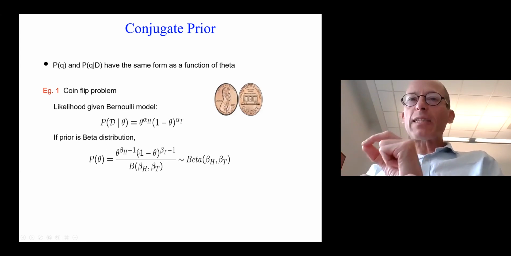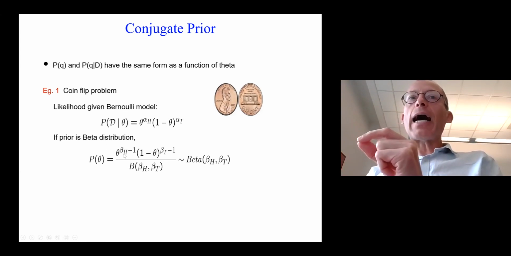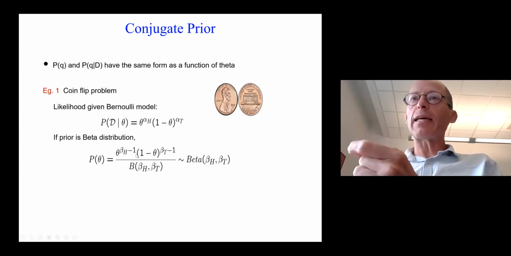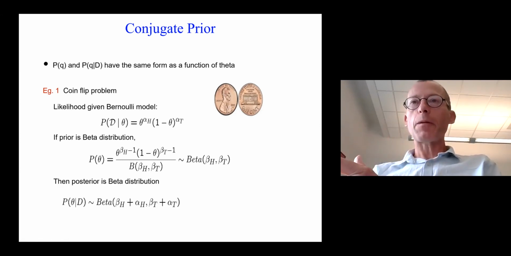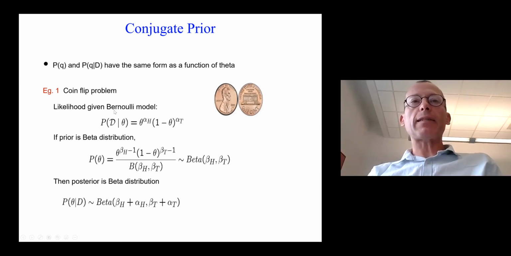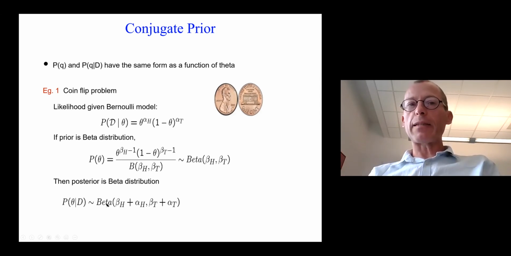Now, once we have this prior, remember the posterior is the prior times the likelihood. When we multiply these, what we get back is another beta distribution.